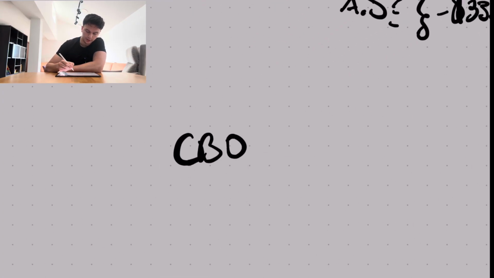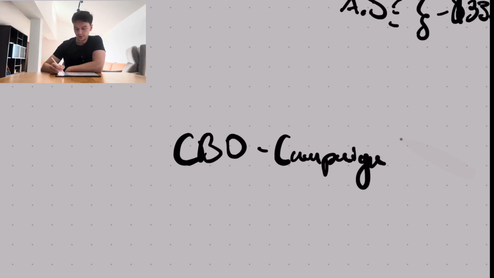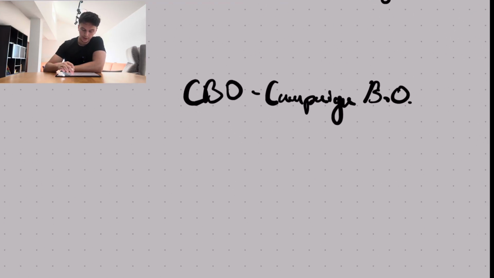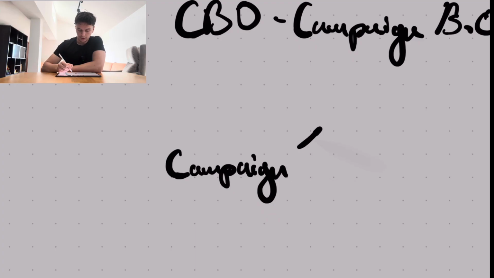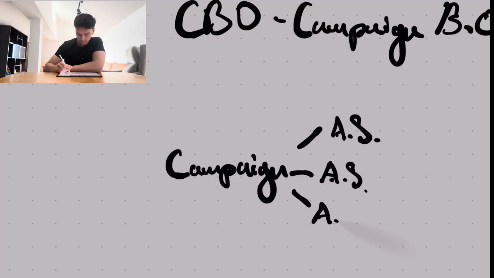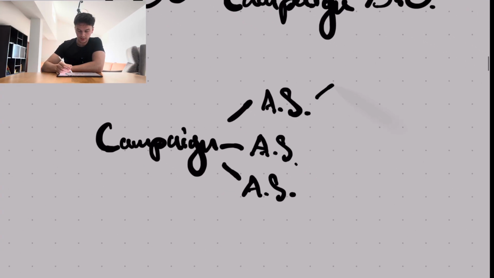CBO means campaign budget optimization. Again, we have the normal campaign structure: the campaign, inside the campaign the ad sets, and inside the ad sets the ads.